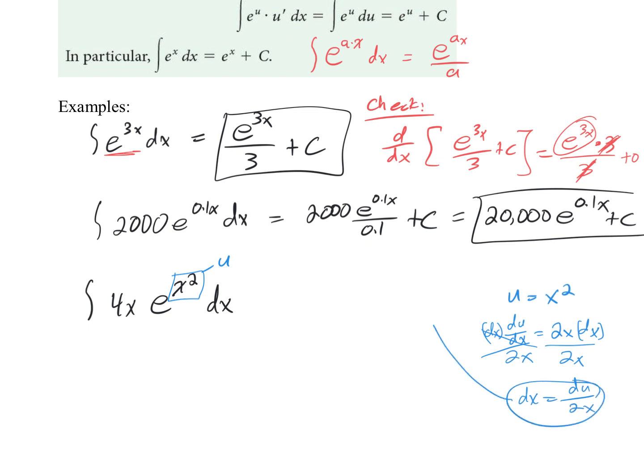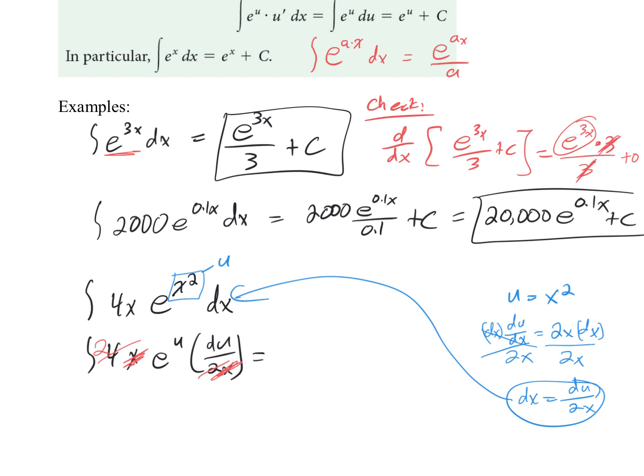All right, so this thing here is going to get subbed back into the indefinite integral for x e to the u, and then dx becomes du over 2x. At this point, you are really hoping that the x will cancel the x. It might also happen that, like, 4 reduces 2, 4 divided by 2 is 2, but that's not guaranteed.